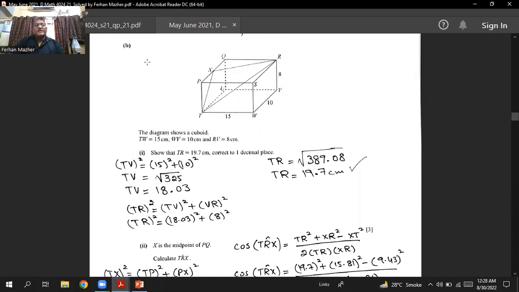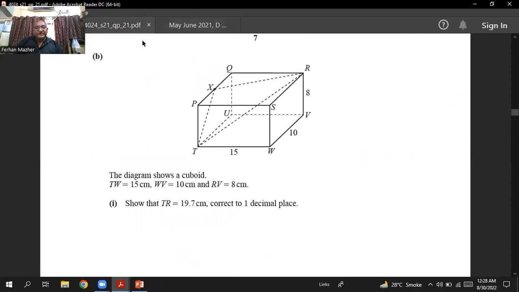So now I will take that triangle TRV, which is also a right angle triangle. So TR square will be equal to TV square plus the VR square. So the TR square will be equals to 18.03 square plus 8 square. So the TR square will be equals to 389.08. Square root of the 389.08. So TR will be equals to 19.7 centimeter. So this is how you will find. So you will show that the TR is equal to this.